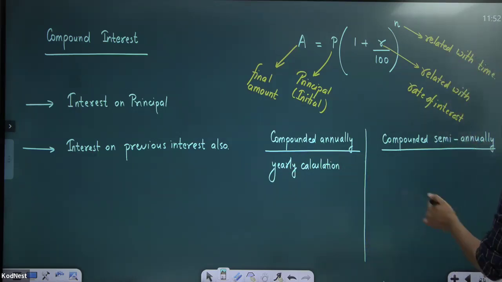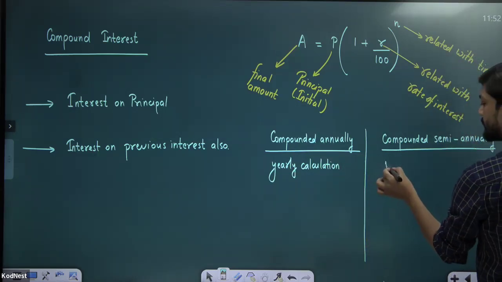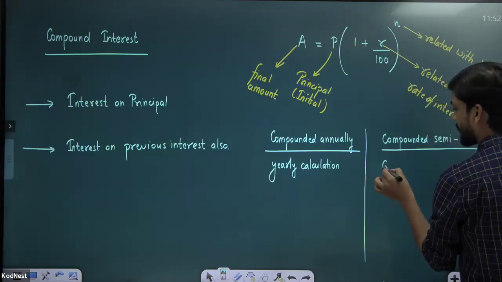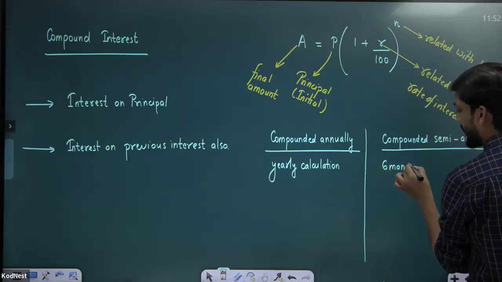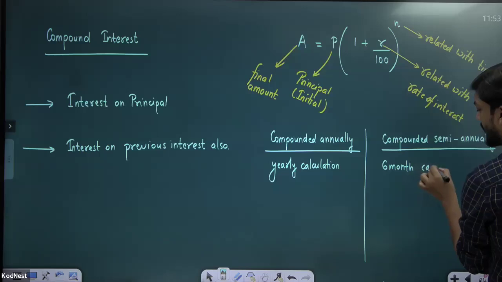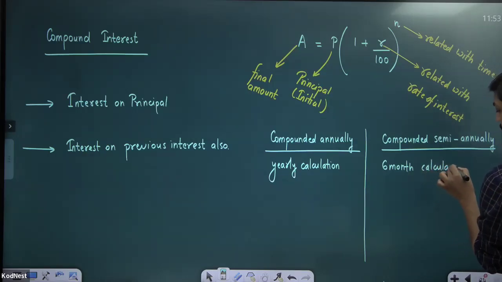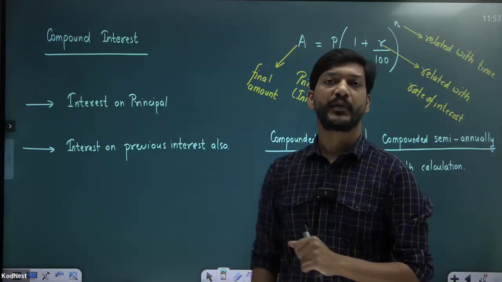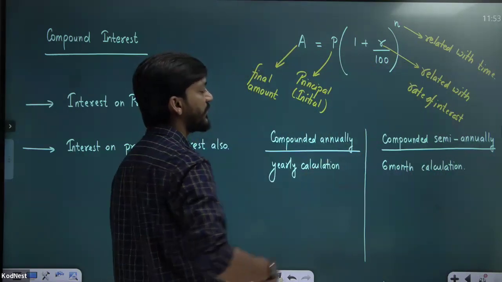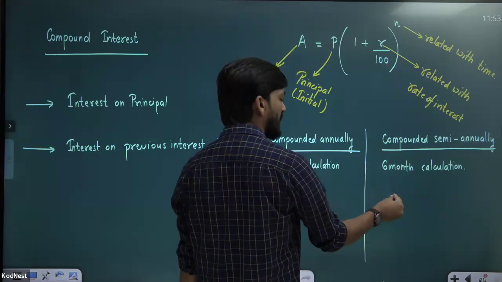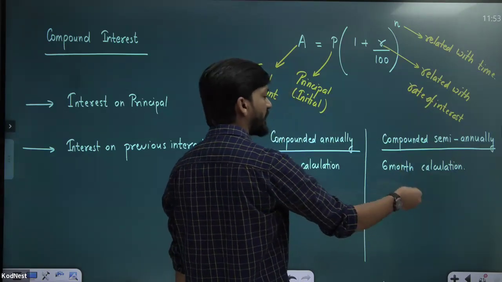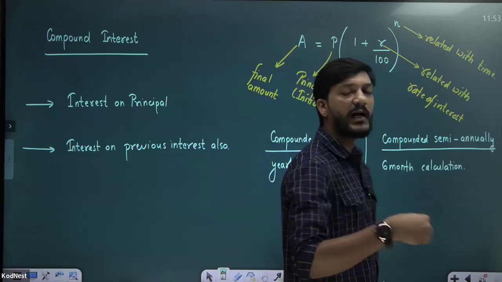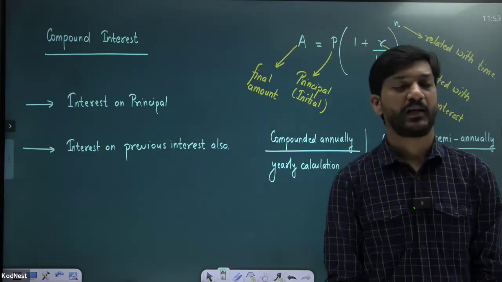In semi-annually, calculation will be done every 6 months. So 6-month calculation. So only this is the difference. Here it is yearly, here it is half yearly. So half yearly is 6 months. So here we'll take first 6-month period, again take 6-month period, again take 6-month period, and keep on calculating.